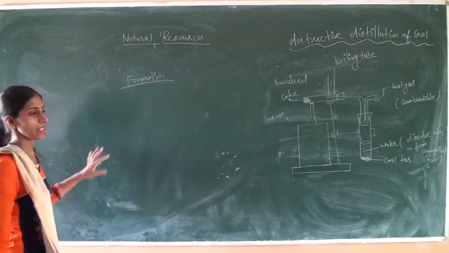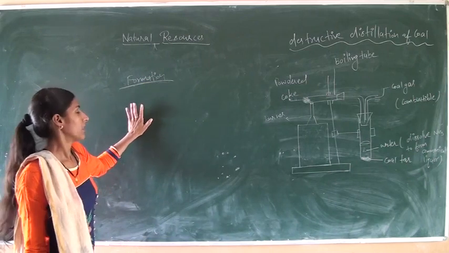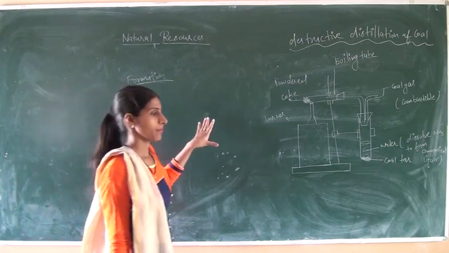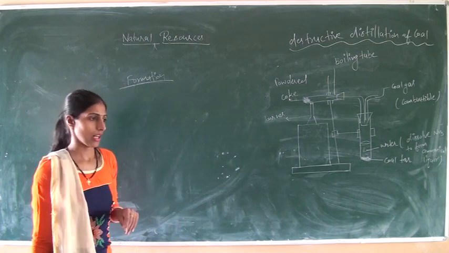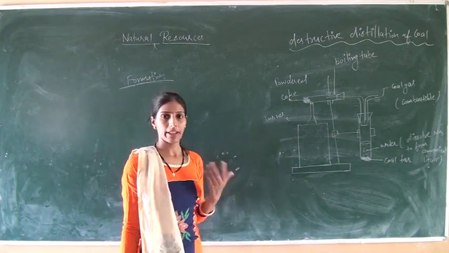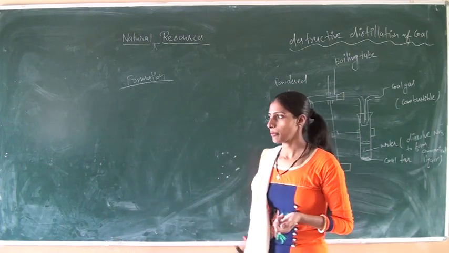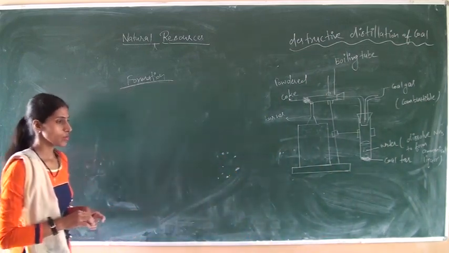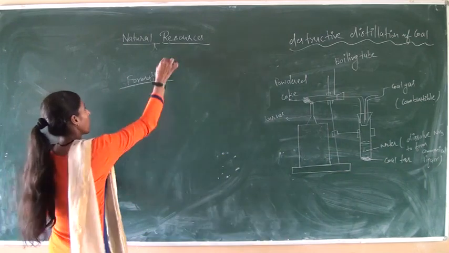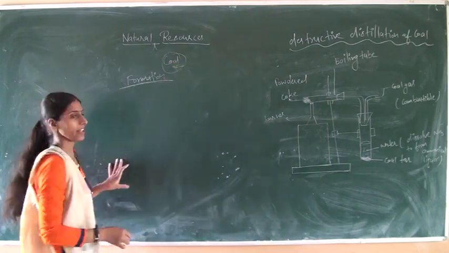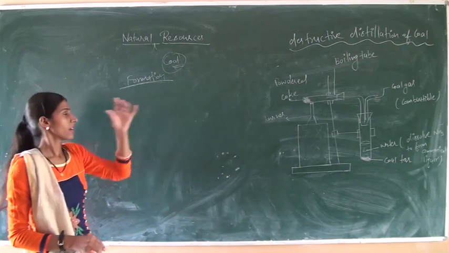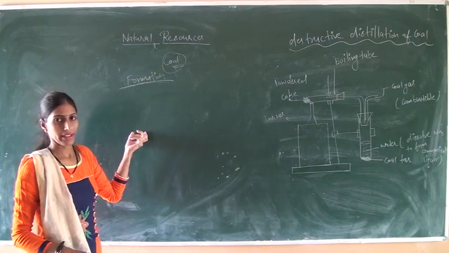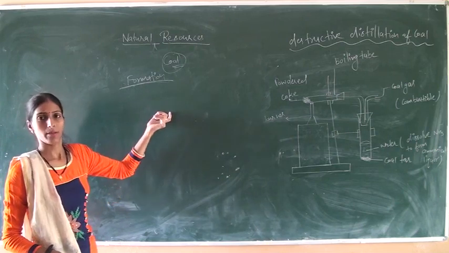It is believed that millions of years ago, there were many plants and dead animals which were buried deep under the earth's soil, and after a long time they were converted by microorganisms into a useful substance, which is known as coal, formed after many years, with the help of many decaying microorganisms.